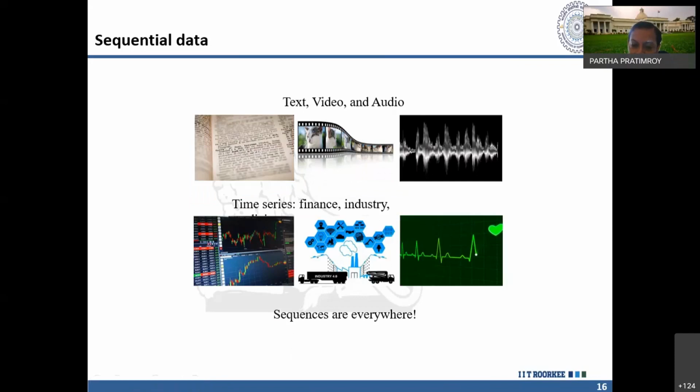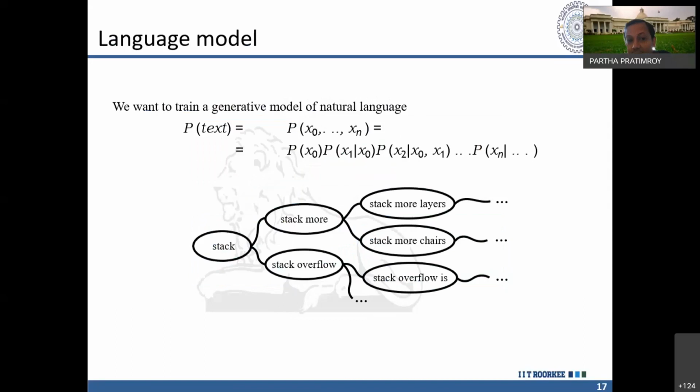For example, for a health checkup, what was your ECG rate yesterday, and how does it matter today? There is some context, some history. We have to consider that history information also to predict today or tomorrow. That's why sequence is there everywhere.